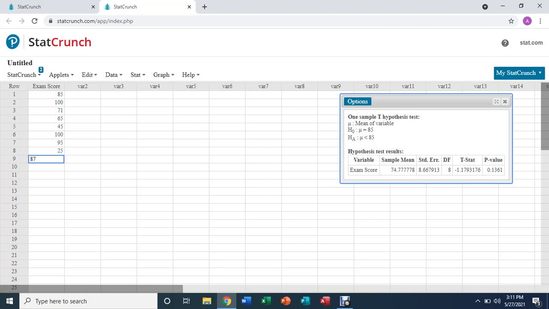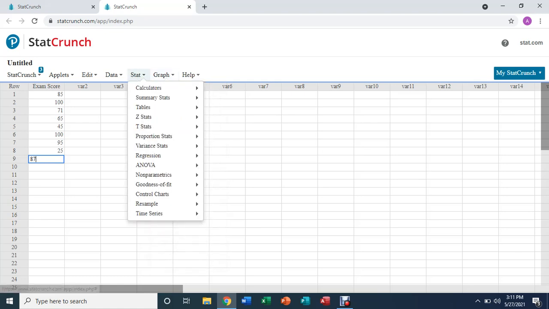So now I'm going to show you how to do it if you are just given the summary. Let's first find out the mean and standard deviation of this sample.